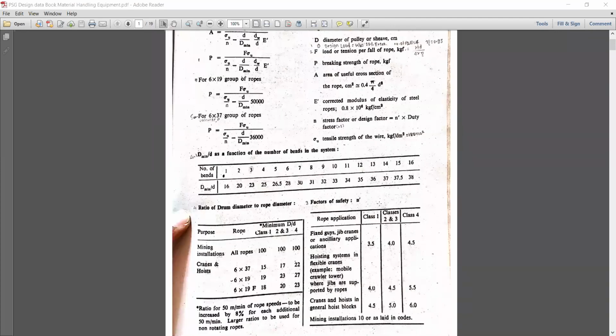Factor of safety n dash is based on the class 2 hoisting application. We have considered it for crane and hoisting general block application. The value of factor of safety is 5. So we have considered a factor of safety of 5.